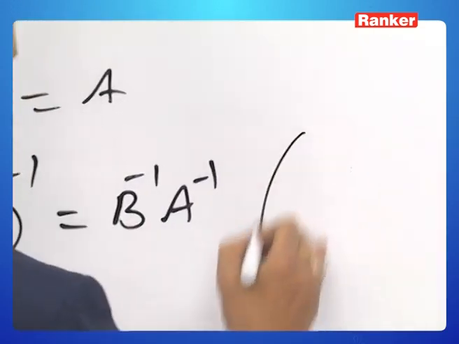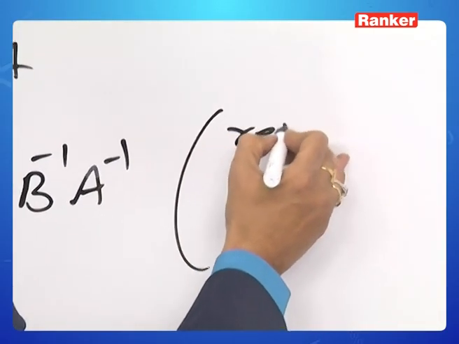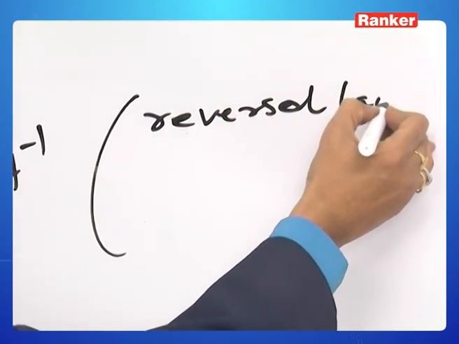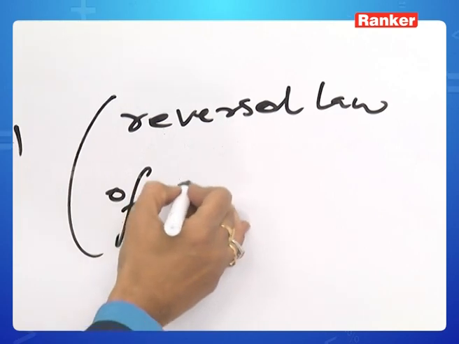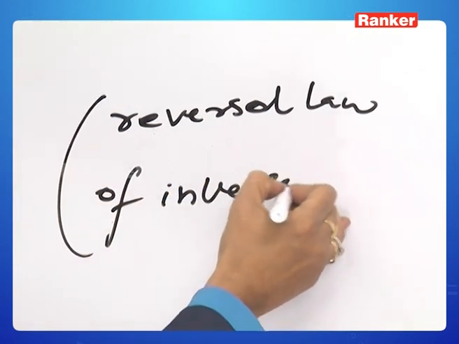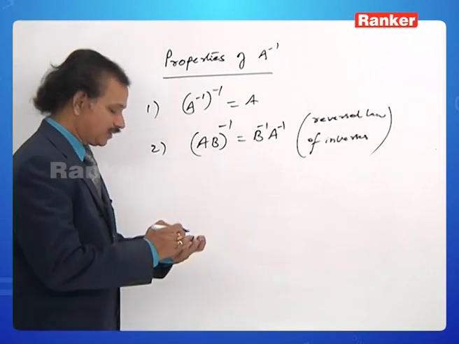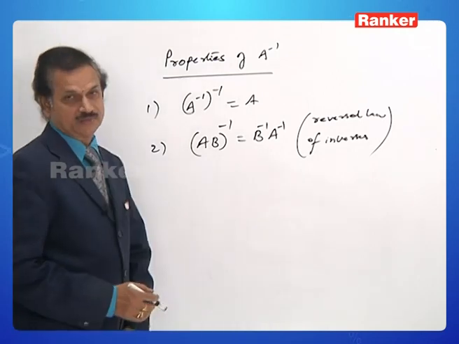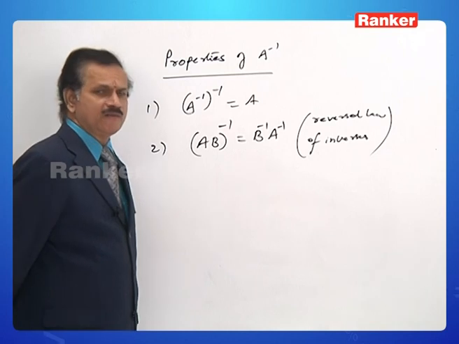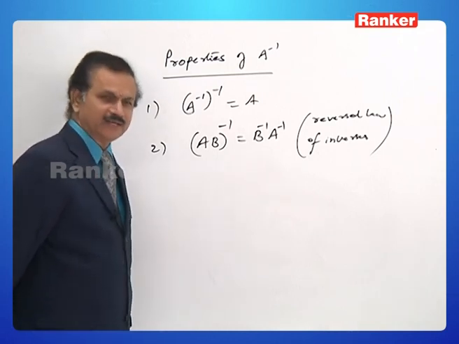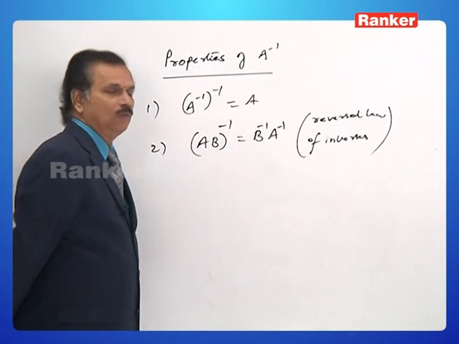Of course, this is called reversal law of inverses. AB whole inverse is equal to B inverse into A inverse. Accordingly, ABC whole inverse is C inverse into B inverse into A inverse, like that. Well done.